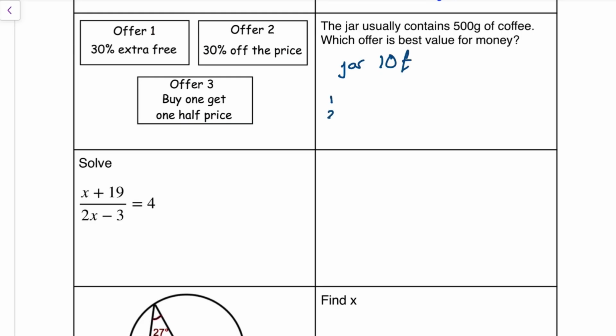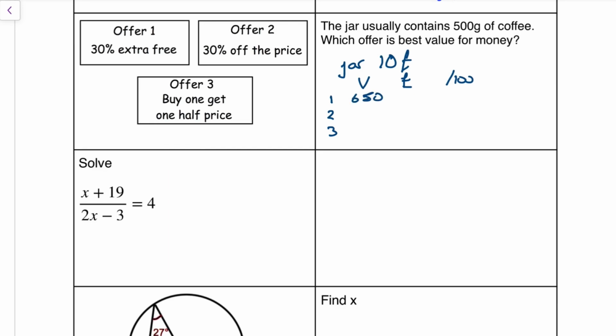So I've got offer 1, offer 2, offer 3. I'm going to work out the volume I get, how much I pay, and the cost per 100 grams. So for offer 1, I get 30% extra free. So I get 500 grams times 1.3, my multiplier, which means I get 650 grams.